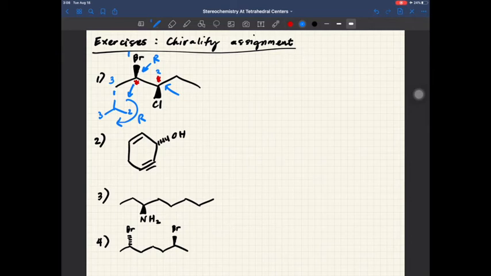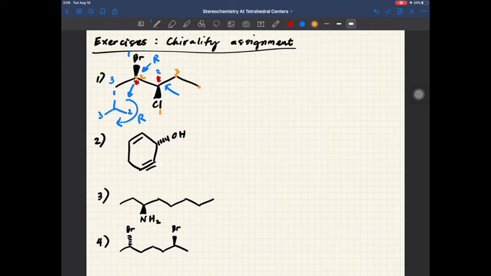So you have chlorine here, which has the highest priority, and this carbon followed by this carbon atom. Now, you may ask, why is the carbon situated at the left designated higher priority than the carbon situated at the right? The answer is, if we look at them, they are both carbon atoms, so we have to look further to find a difference. For the carbon situated at the right, what is bonded to it is another carbon atom.